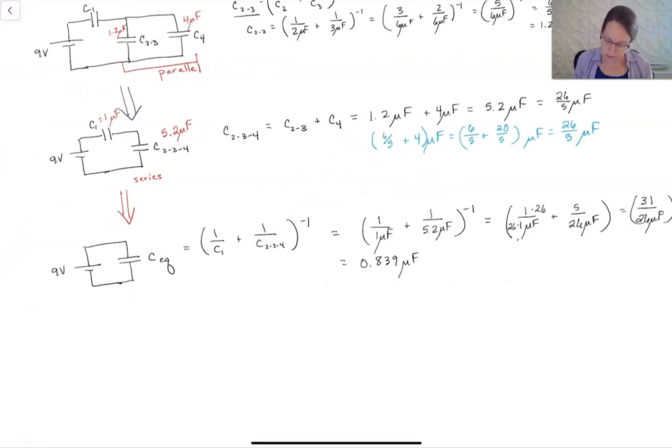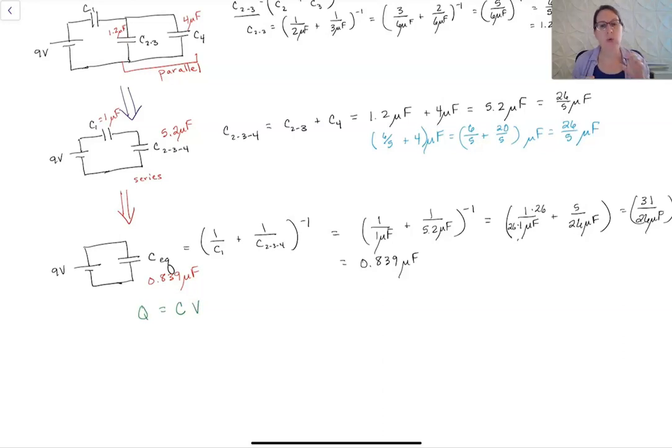So the equivalent capacitance here is 0.839 microfarads. I've got to build this whole circuit with just this capacitance. Great. We still haven't found how much charge is stored, and this is the point at which we can find it, because the charge stored is equal to the capacitance times the voltage difference.